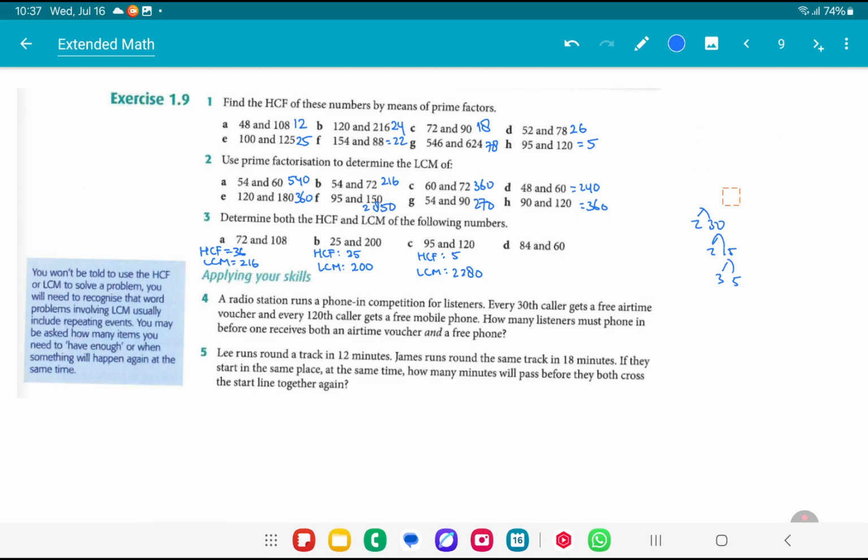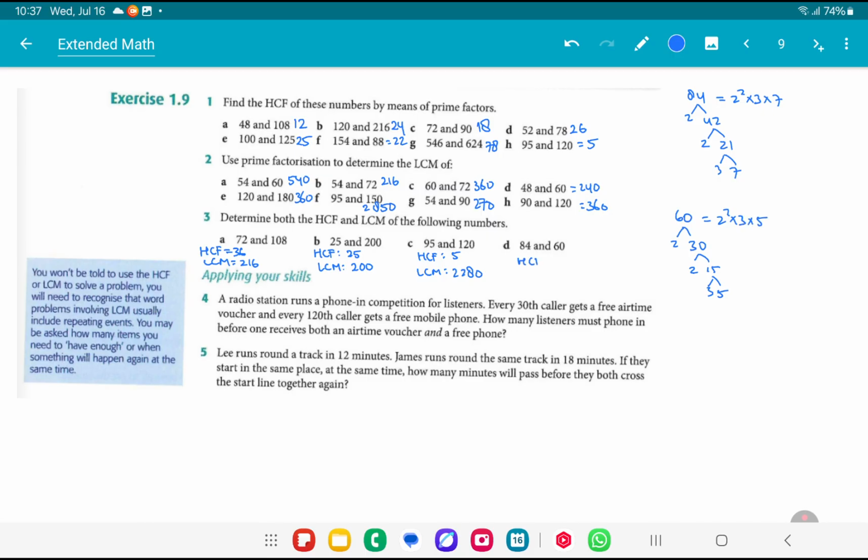Then 84, divide by 2, 42, divide by 2, 21, 3 and 7. 2 squared times 3 times 7. 60, we divide by 2 and we get 30, divide by 2, 15, 3 and 5. So 2 squared times 3 times 5.